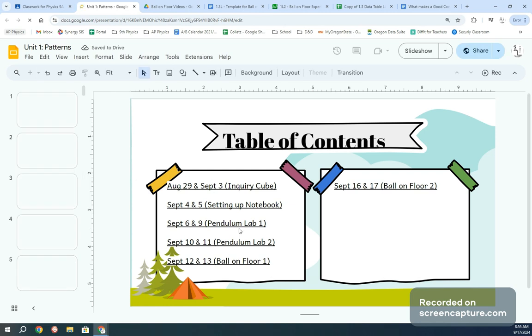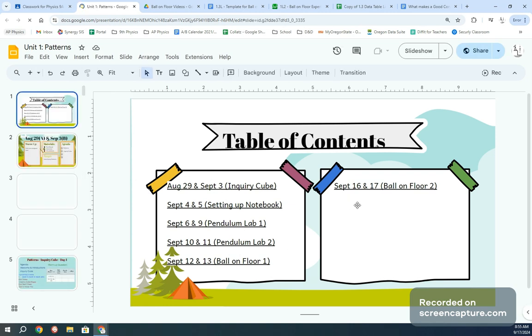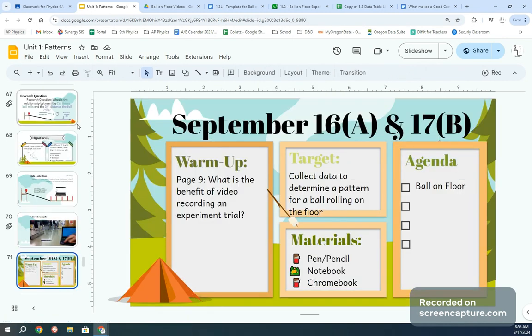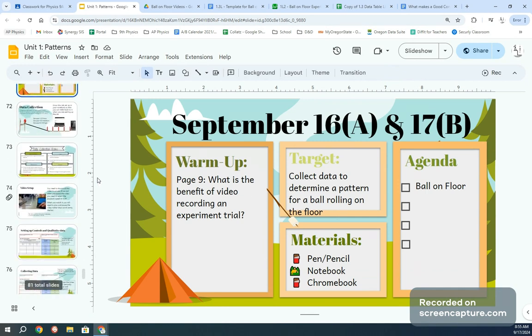If you miss a day, you can always go back and see what was done that day. Since today is the 17th, we're looking at September 17th. If the link doesn't work for whatever reason, it is slide 71, so you could just scroll all the way down there. But for most people, this link should work just fine. And you click it and it drops you right where we need to be.